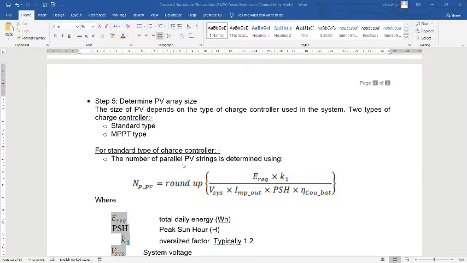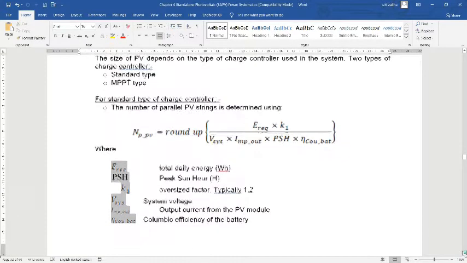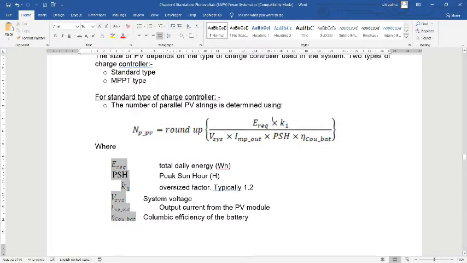The number of parallel PV strings is determined using this equation, where NPP represents the parallel strings of the PV array. You need to round up. Take the energy required, which you calculated in step number 2, the energy required by the load, and multiply with K1, the oversize factor.